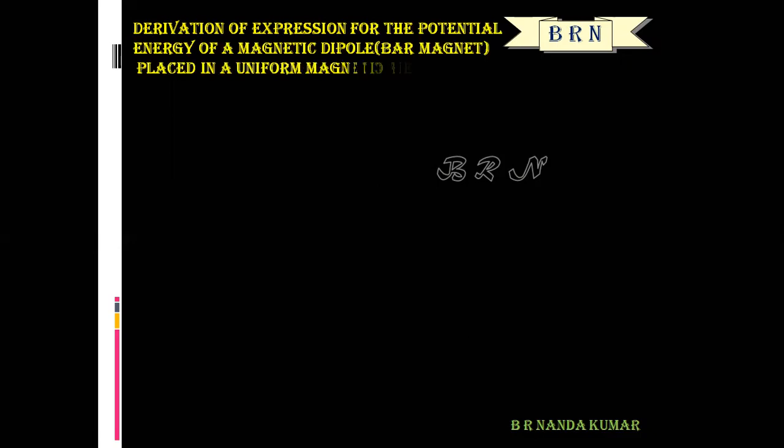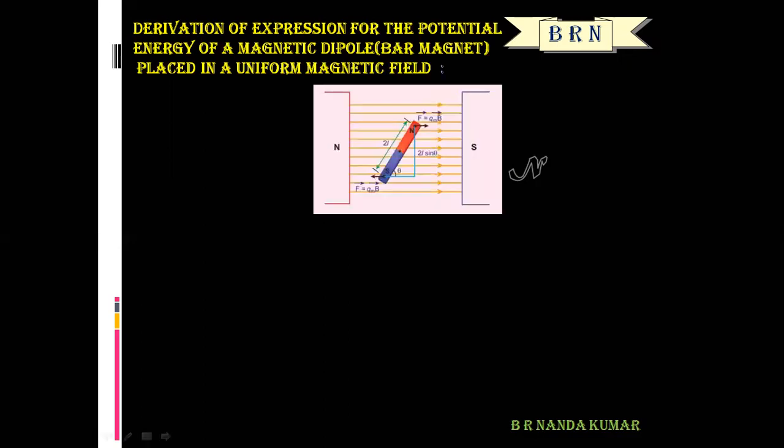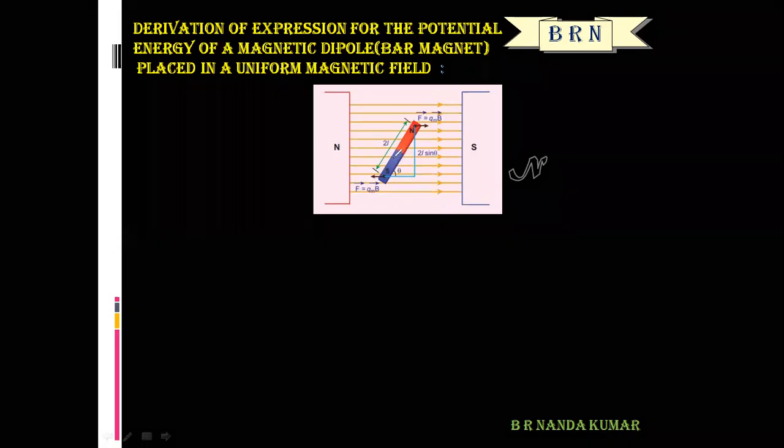Okay, first let us consider a bar magnet. What is the meaning of bar magnet? Any rectangular or cylindrical object that has a magnetic field is called a bar magnet.